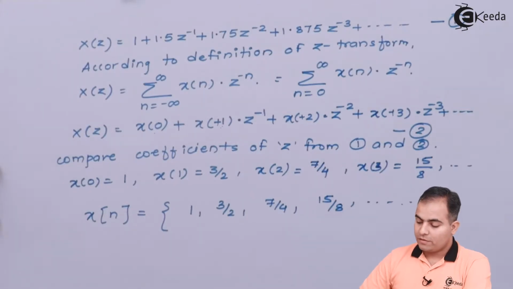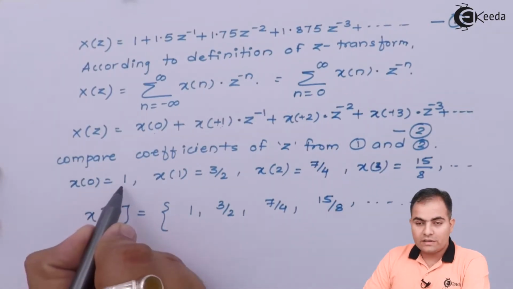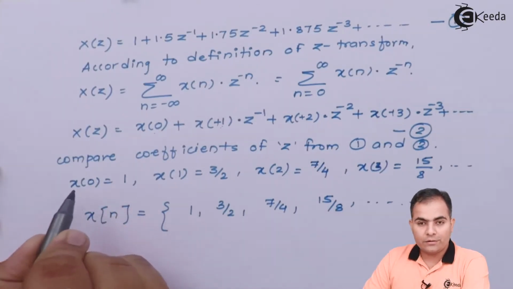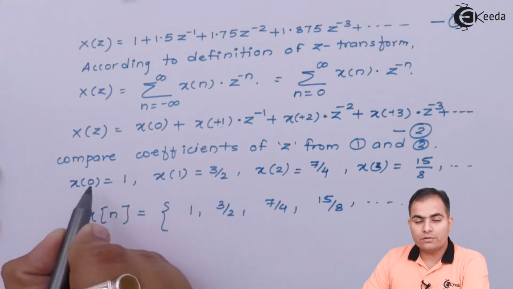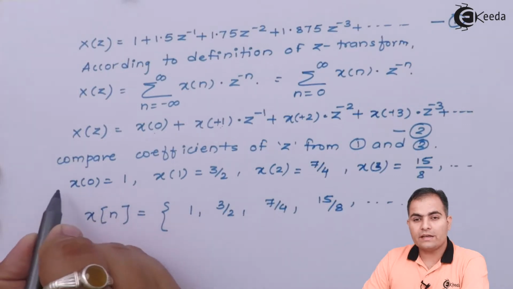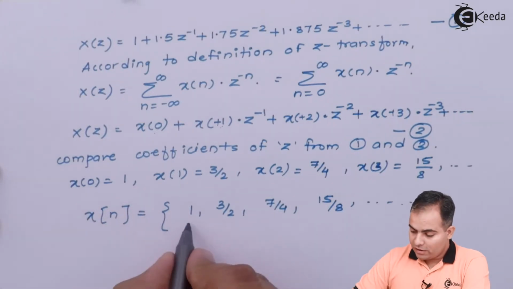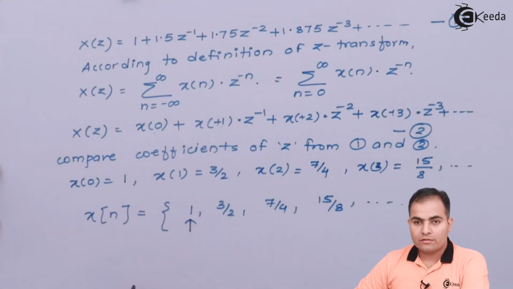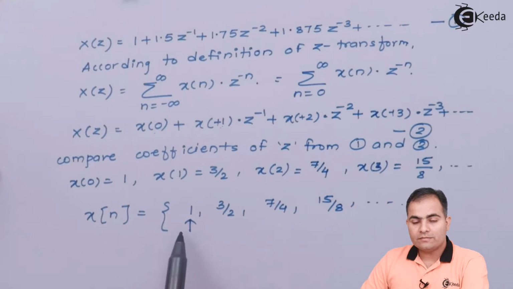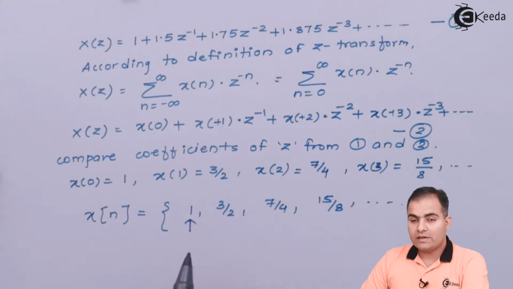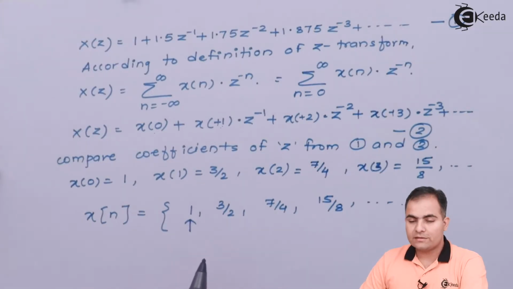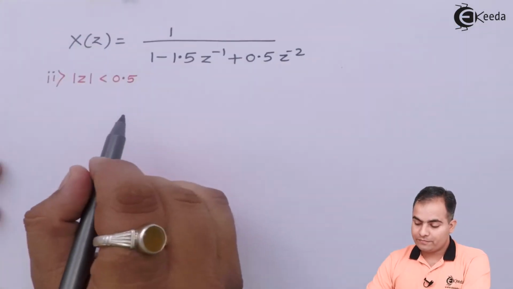Now look here, this one is actually placed at the origin, because we have got this value for n equals 0. So I will mark an arrow perfectly below that 1, which gives us the idea that this is my origin, and on the right hand side we have the positive time sequence. Now we will calculate the negative time sequence. Now the second part.